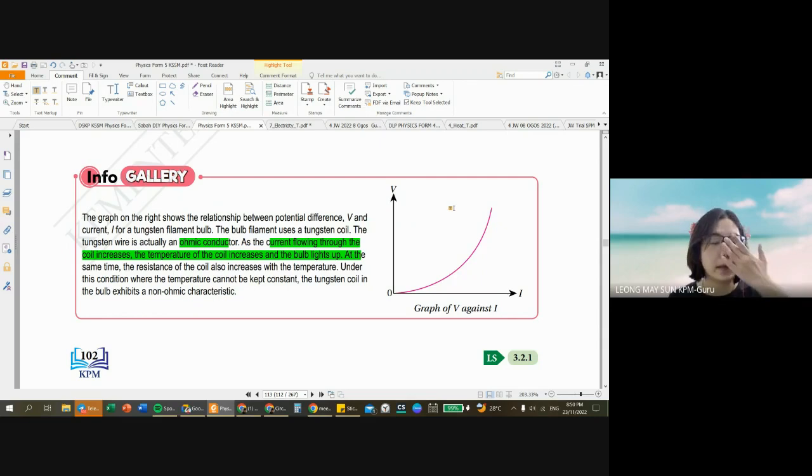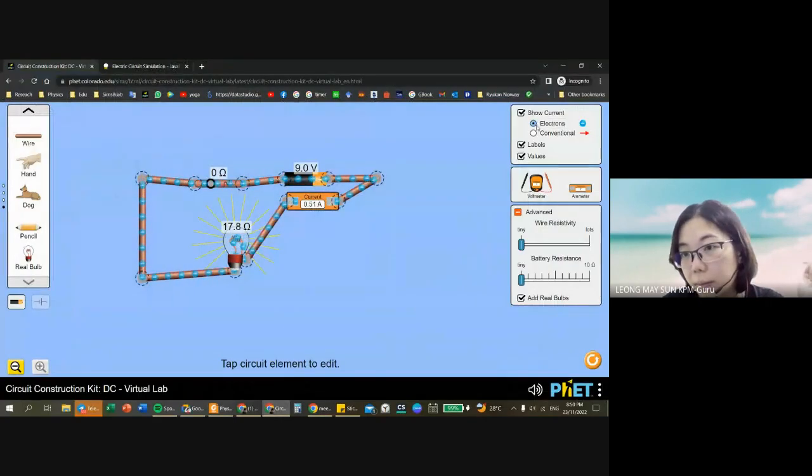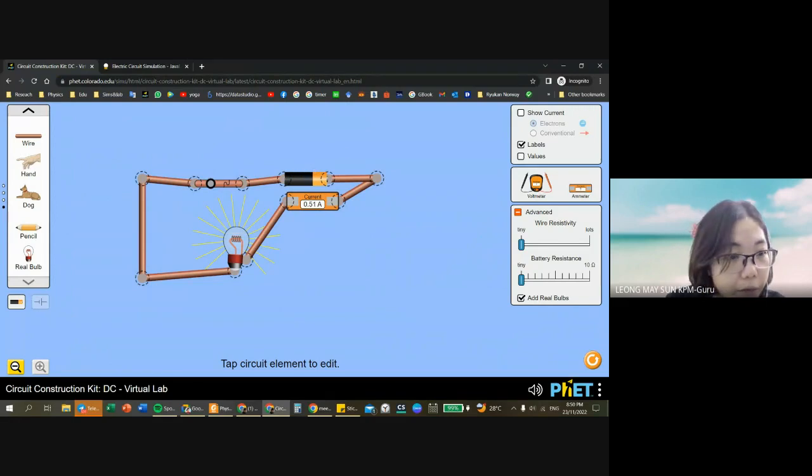When the charges flow through the circuit, the current passes through the light bulb. It's a filament, actually. If you look into the simulation here, let me close this valve. If you look into the light bulb, our actual light bulb, inside here, this is a wire, an exposed wire.